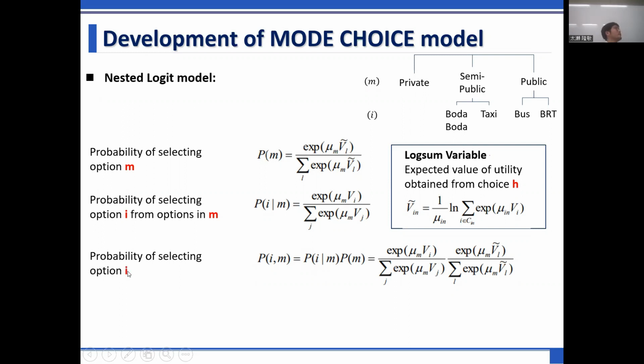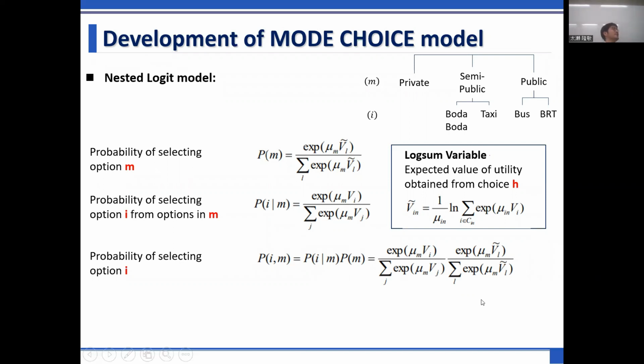Then the probability of selecting I, boda or taxi or bus or BRT, can be converted by multiplying the formulas. As a result, such a formula can be estimated. Yes, it's a little bit complicated and difficult for me to explain in detail.